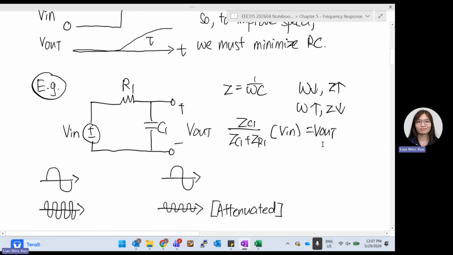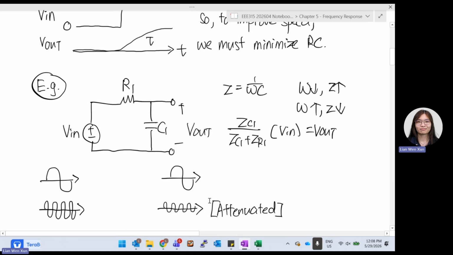But at high frequency, your ZC goes down, so ZC plus R goes down, and your Vout goes down. The whole voltage is attenuated.